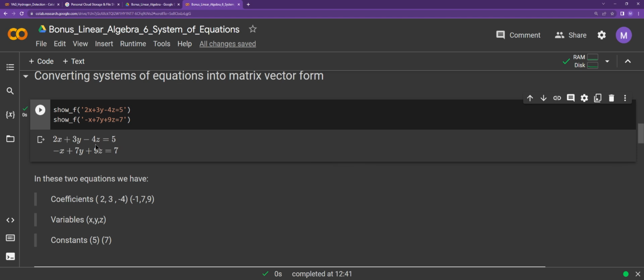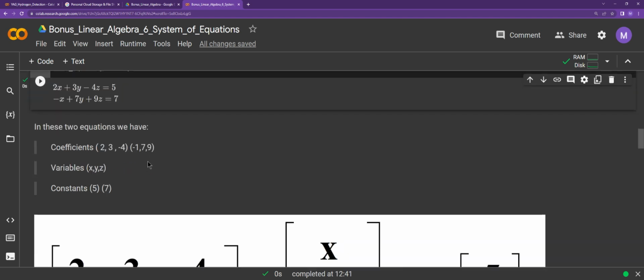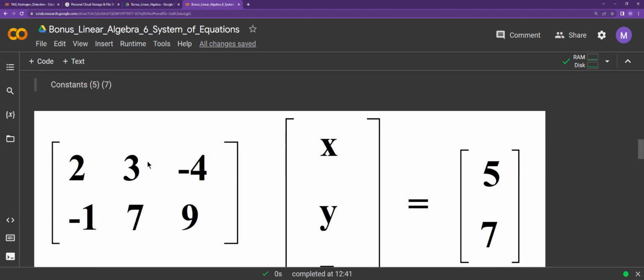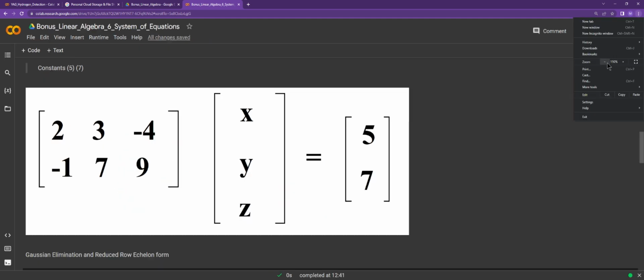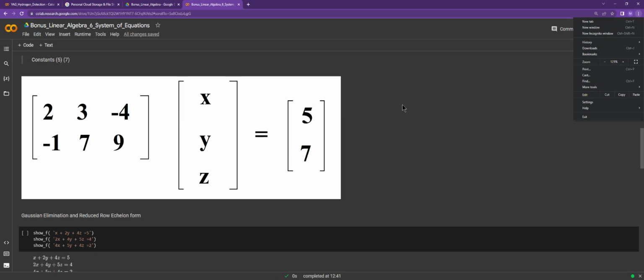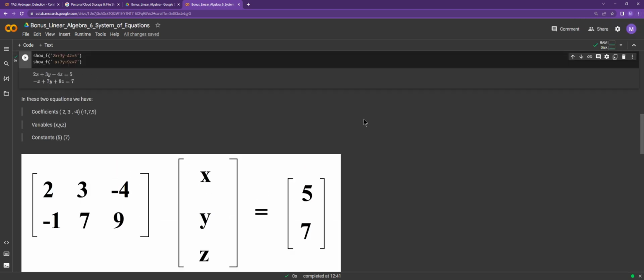So this is the formula. Now, how do we do this? Imagine if you want to express this using linear algebra language. Just think about it. So that's our formula here. If we have a matrix, in the first row we have 2, 3, minus 4, which are the coefficients of the first formula.